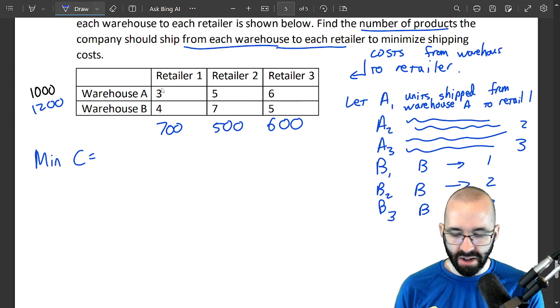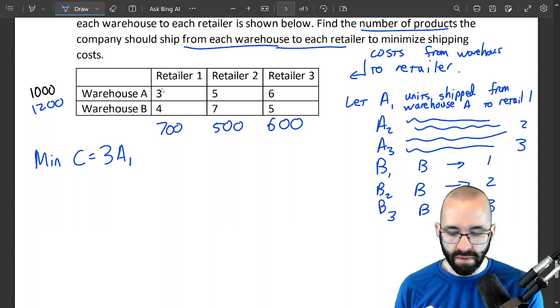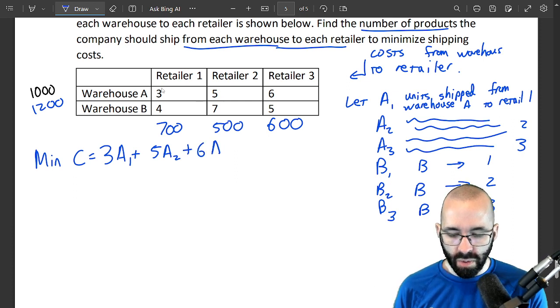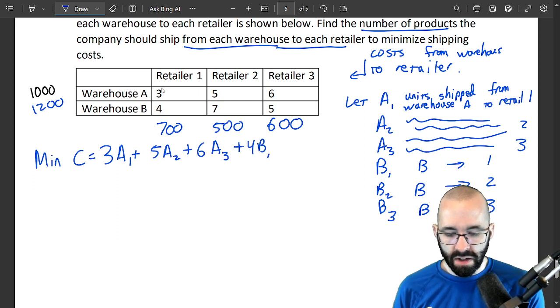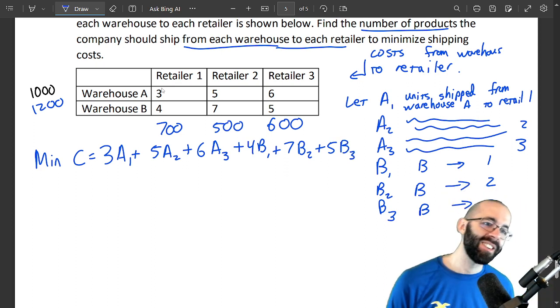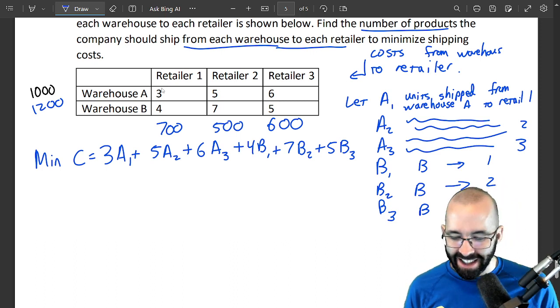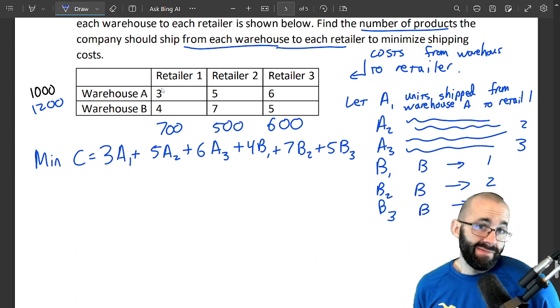We don't know how big these units are. $3 to ship something from warehouse A to retailer 1. $5 from warehouse A to retailer 2. $6 for each one from warehouse A to retailer 3. Then 4 for B1, 7 for B2, and 5 for B3. 6 variables. Woo! You're glad we're not doing this one by hand. All right, but it's still a lot of writing.